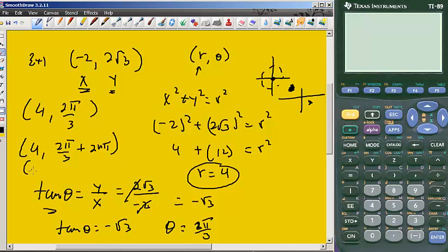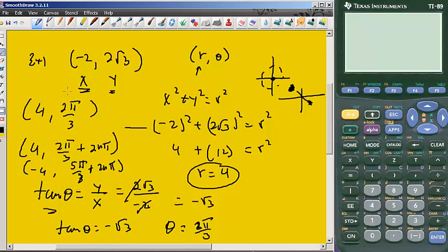Or you can write this as negative 4 comma, no, this would be 5 pi over 3, plus 2n pi. You can write it like that.